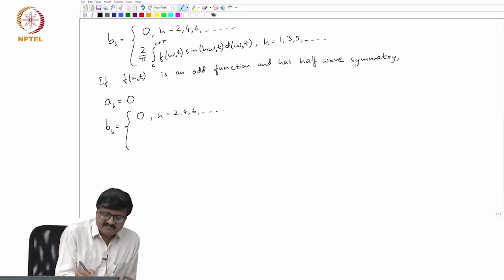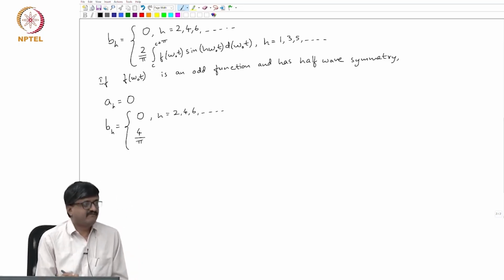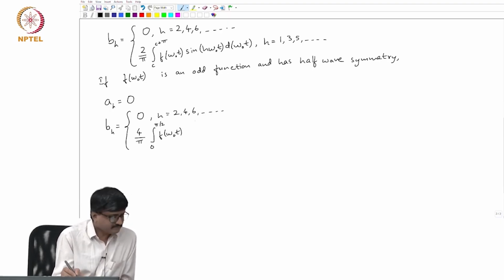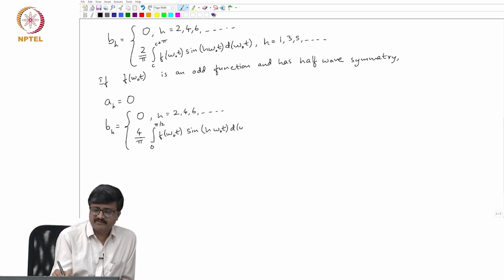So, in this case the expression will be, please note I am not deriving any of this. If you are not familiar with these results, please verify them. It is 4 by pi integral 0 to pi by 2 f of omega o t sin h omega o t d omega o t.